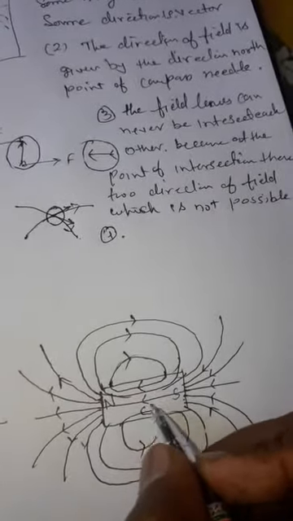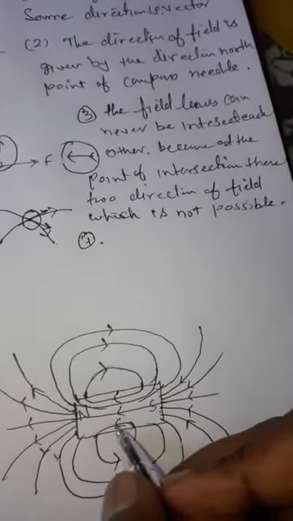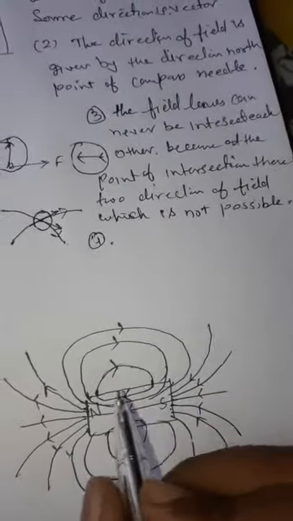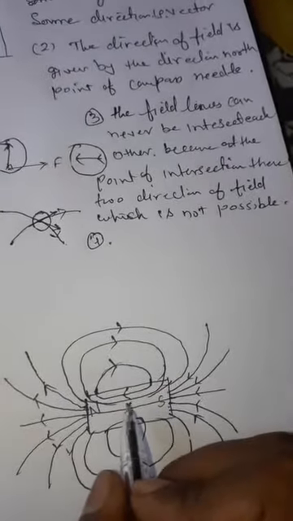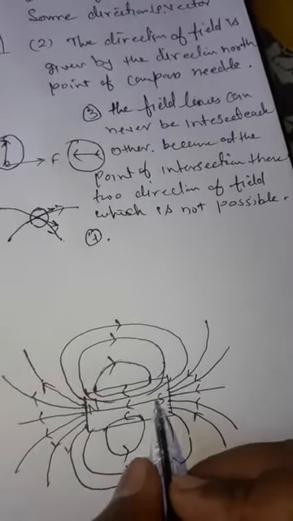So if we see these lines, we can say the magnetic field lines also exist inside the magnet, and their direction is from south to north.